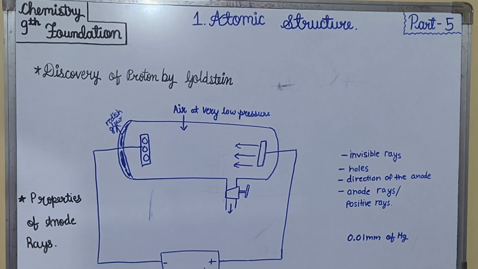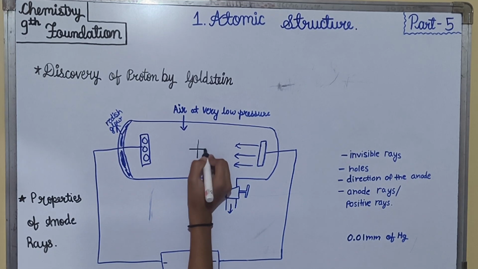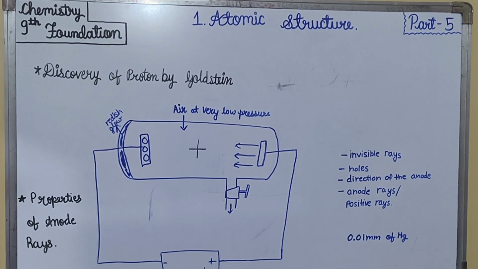First activity was an object placed in the path of anode rays. Observation was that a sharp shadow is observed behind the object.